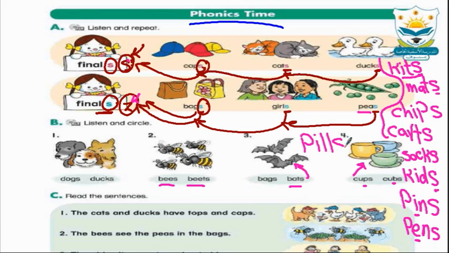What's the meaning of pills? Pills are medicine tablets.